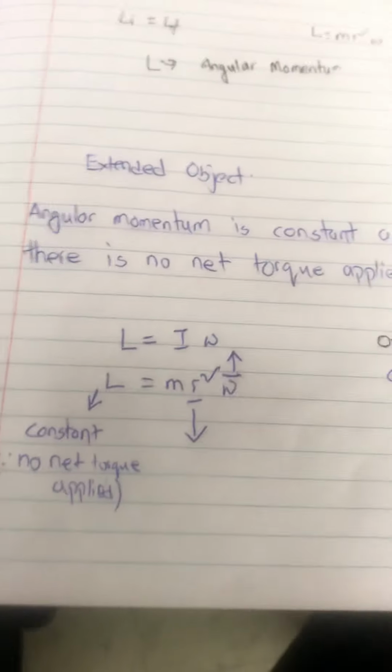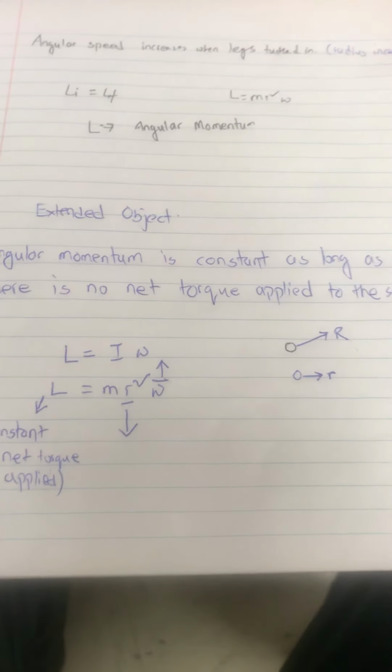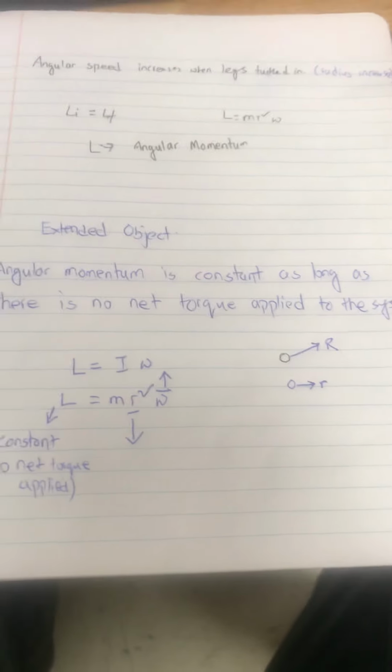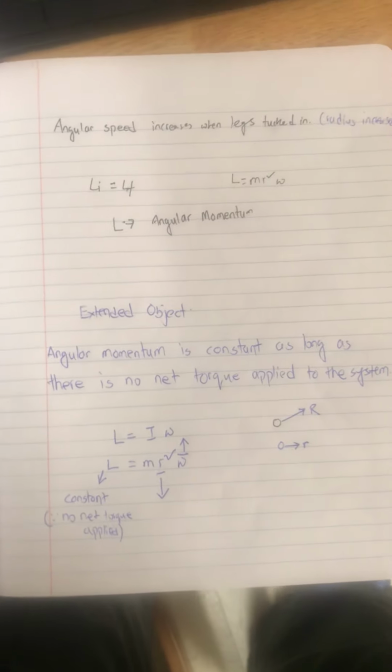Now, if I'm going to describe this using my paper experiment, this is an extended object. The law of conservation of angular momentum says that angular momentum is constant as long as there is no net torque applied to the system.